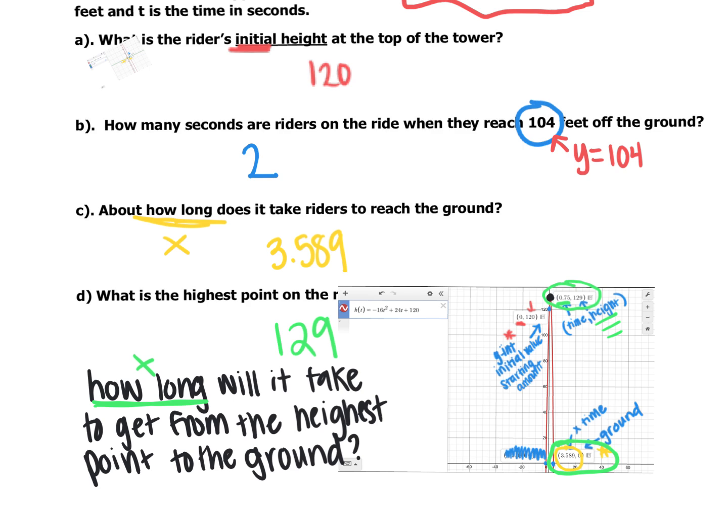To find this, we would say 3.589 minus 0.75, and that would give us 2.839 seconds, which is how long it would take to get from the highest point to the ground.